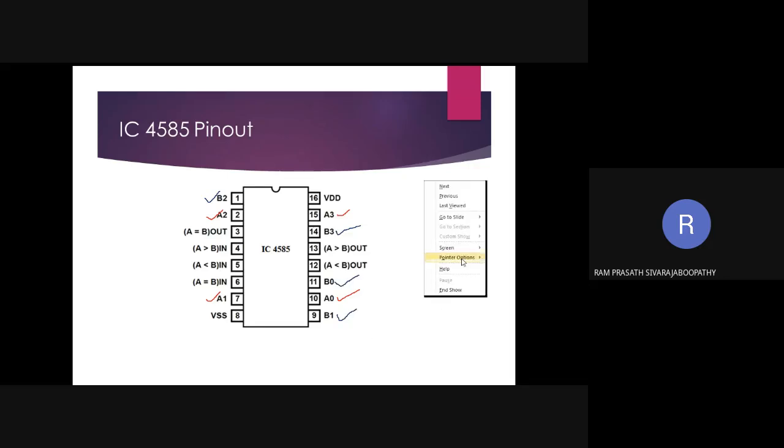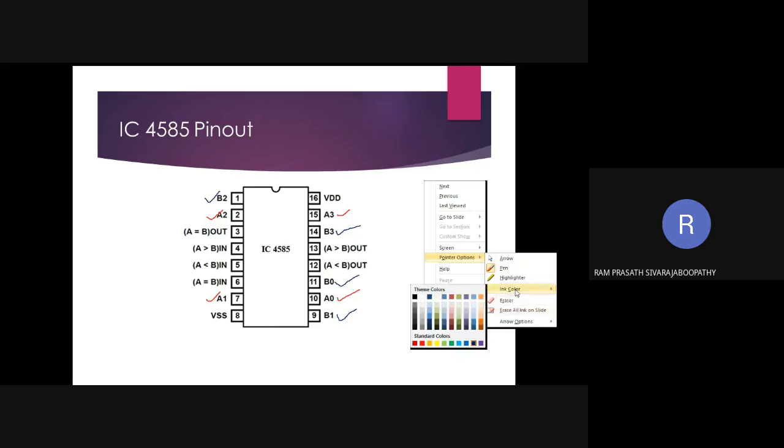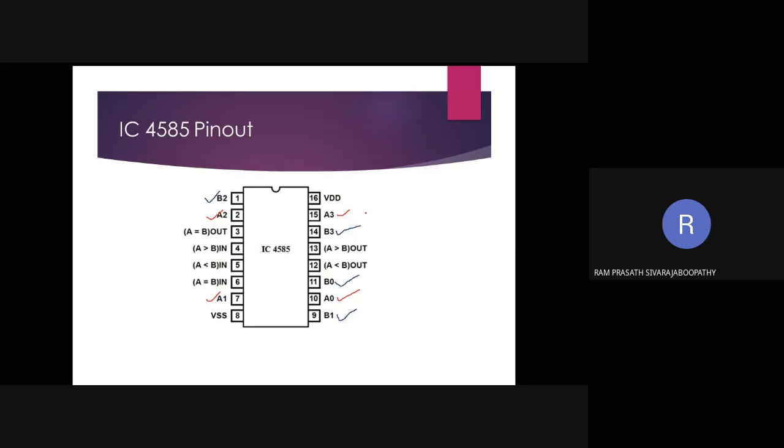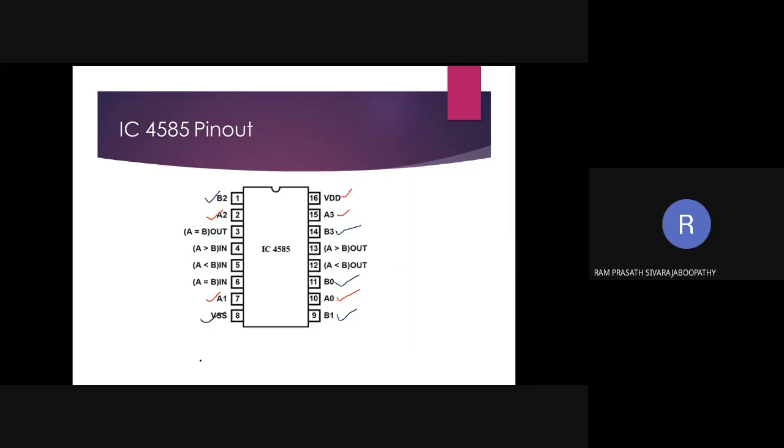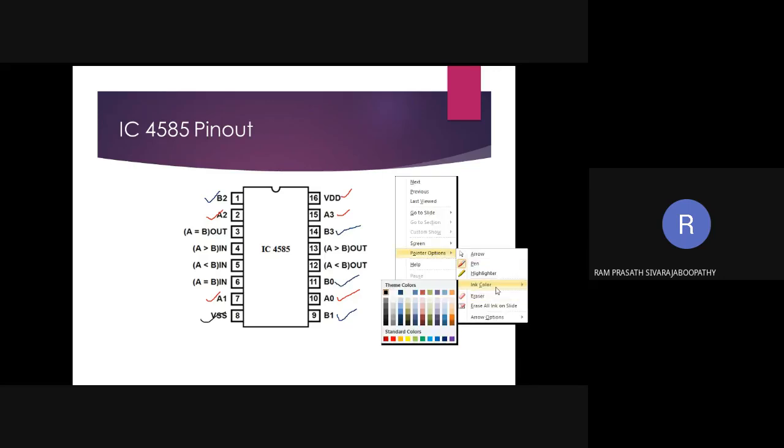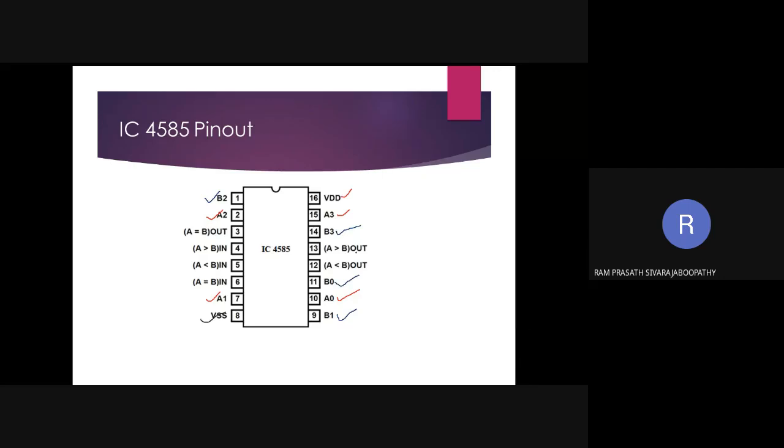For power we have VDD, where we can apply plus 5 volt, and then ground, VSS. Then we have the outputs: A greater than B out, A less than B out, A equal to B out.